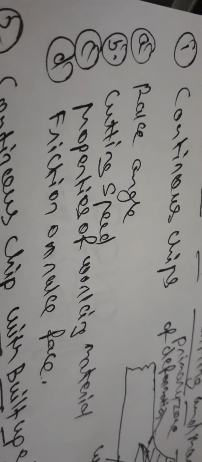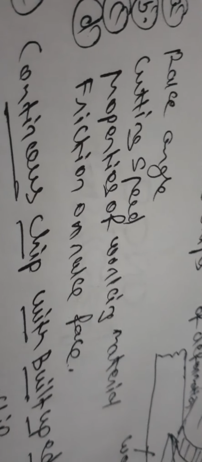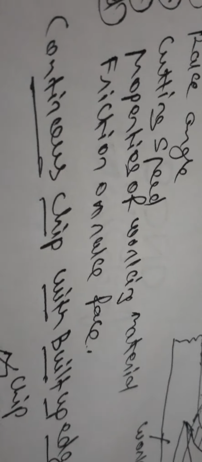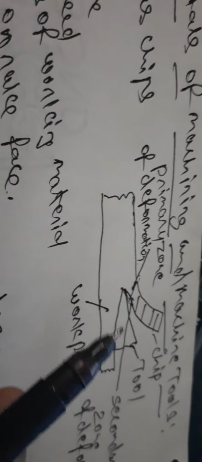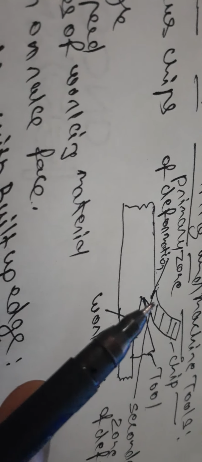And next we'll go to cutting speed. The thickness of the primary zone of deformation reduces and the zone becomes narrower with the increase of cutting speed.